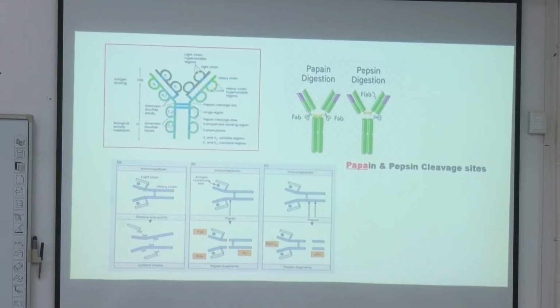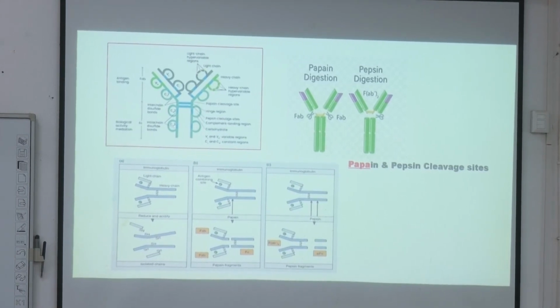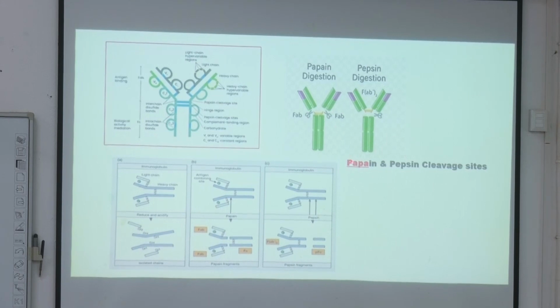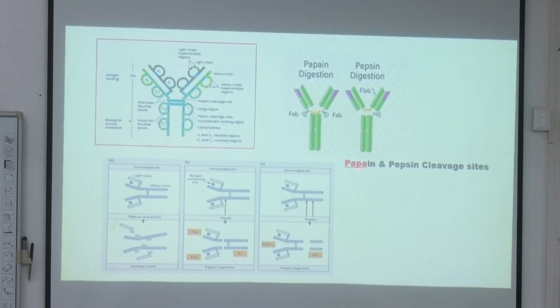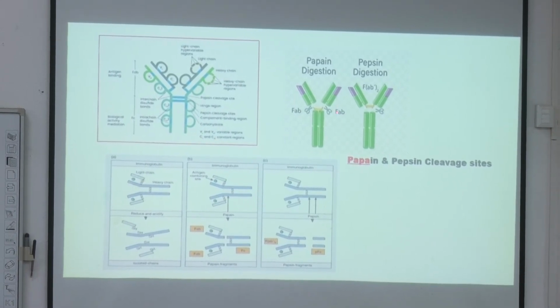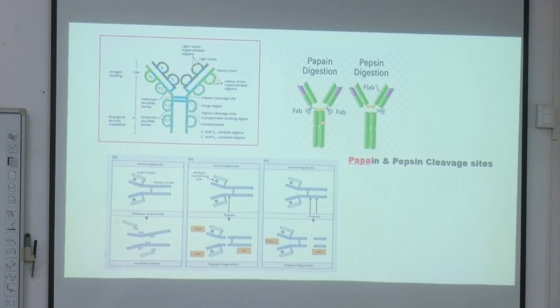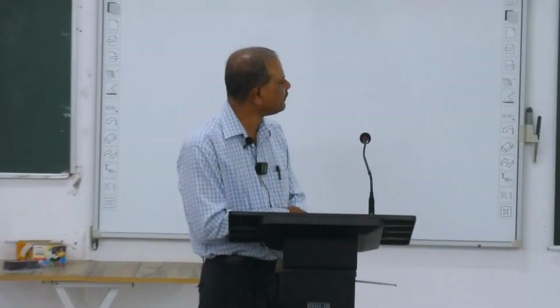See, this is asked. If we digest immunoglobulin, what will we get? If we digest it with papain, you can see there are two papain sites. That means it will cut here, so you will get two FAB fragments.